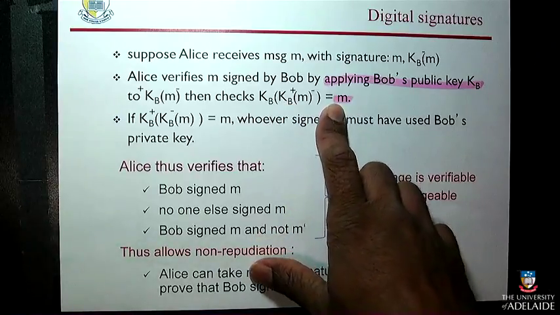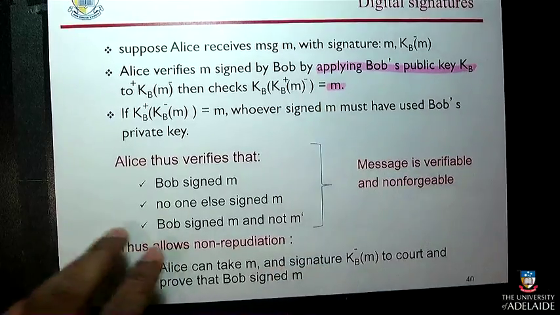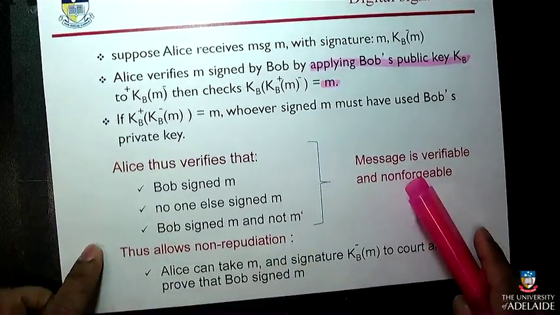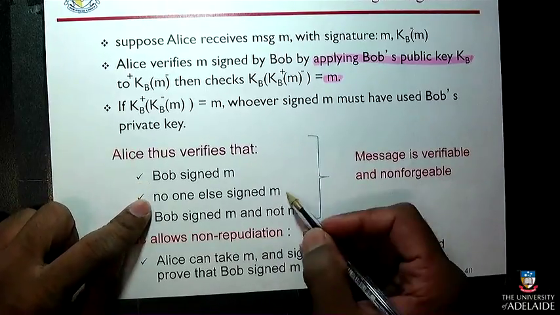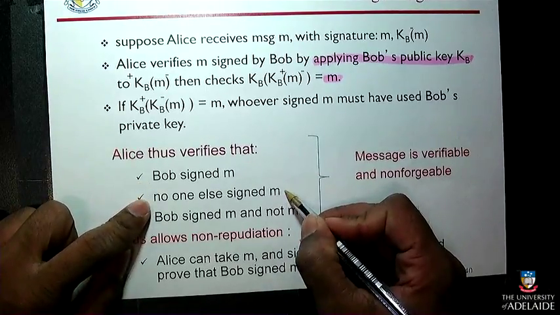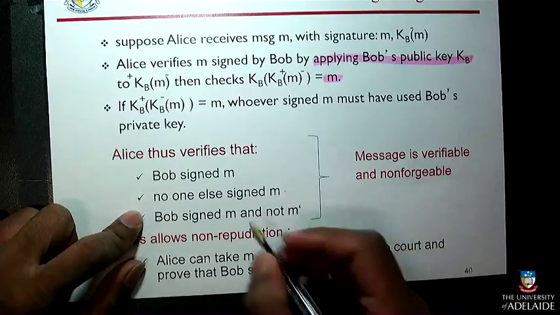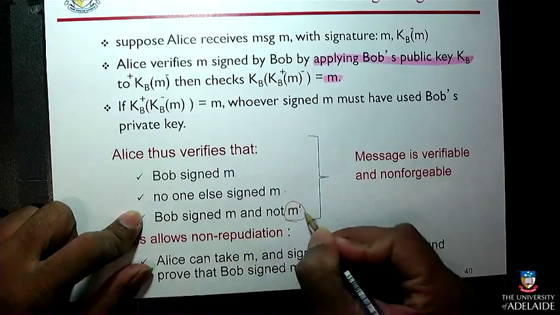That way you know that message was signed. This does three things. The message is verifiable and non-forgeable, because Bob signed M, and no one else can sign M, since Bob's the only one with the private key. And Bob could not have signed a different message.